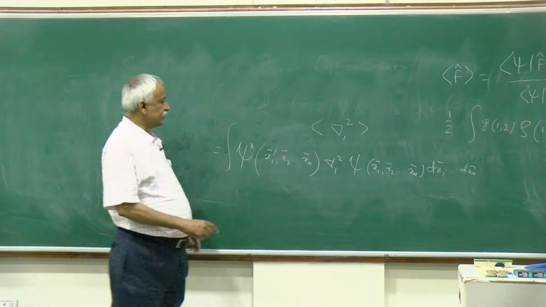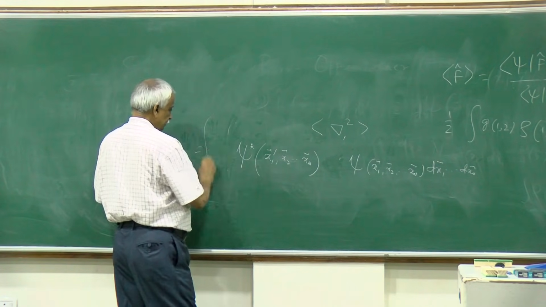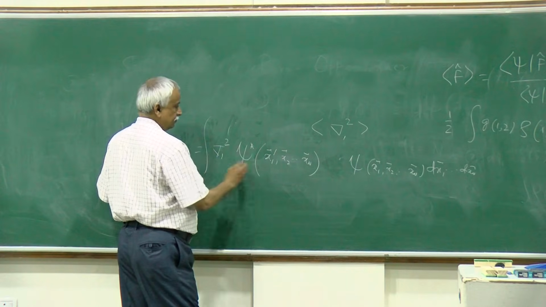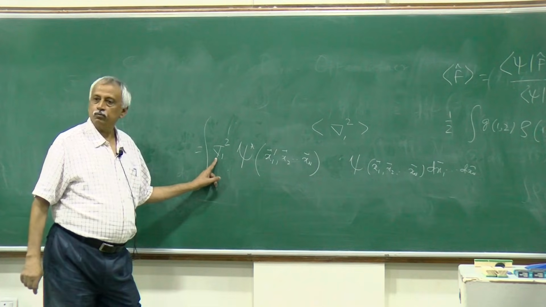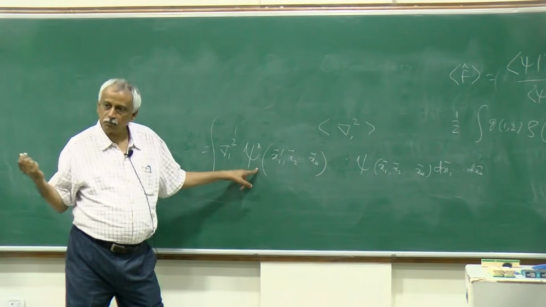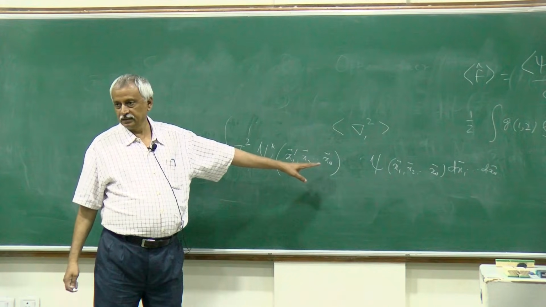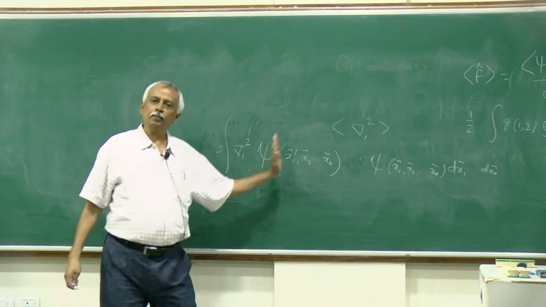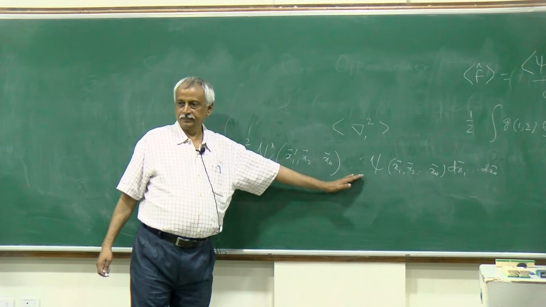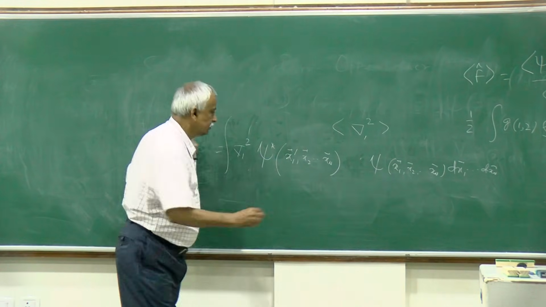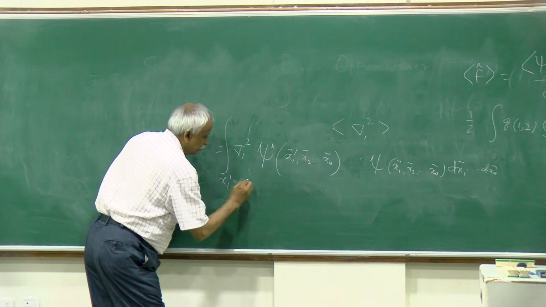If I take it towards that side, now there is no trouble because this operator is on x1, so anyway it will not operate on x1 prime. Okay. Then I do the whole operation, whatever I did before. After doing the operation, I will say my x1 prime is the same as x1.